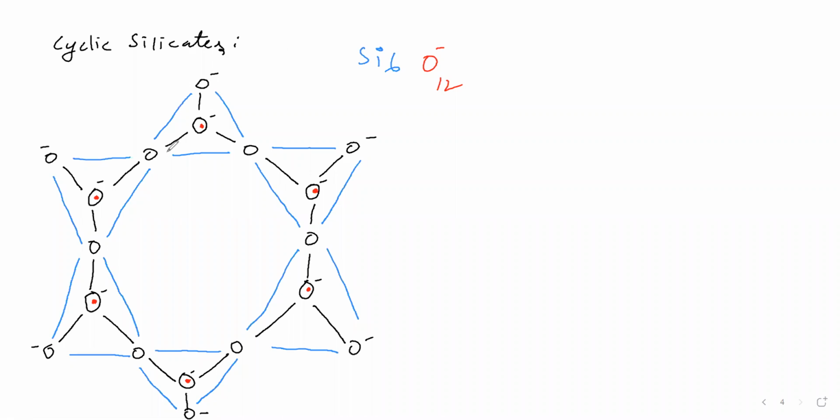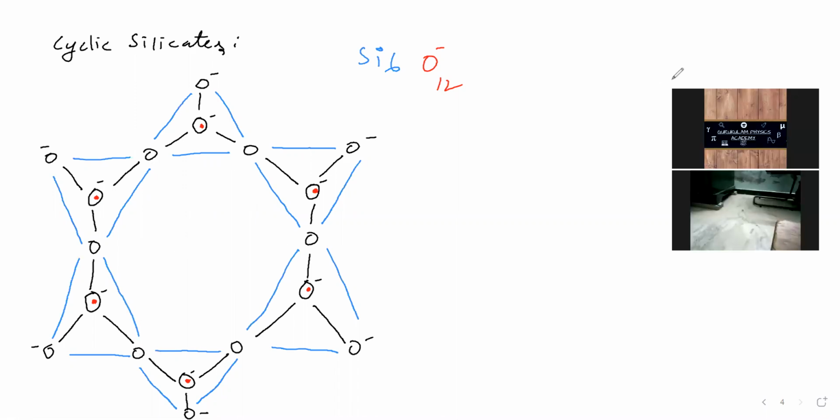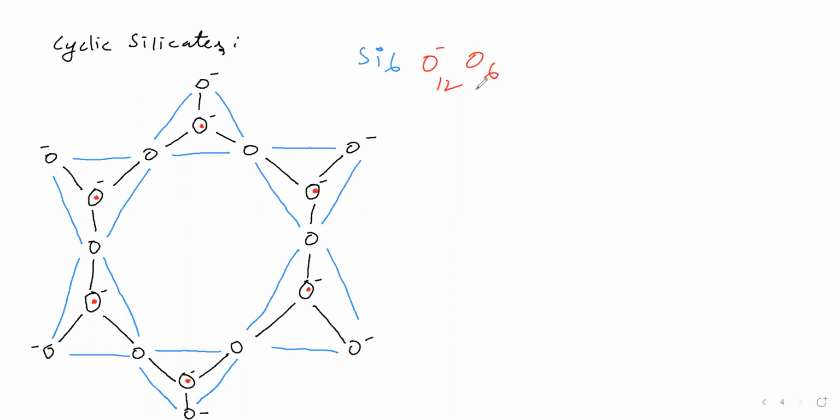And then the fully shared ones we will see: 1, 2, 3, 4, 5, 6. These 6 oxygens have no negative charge. Therefore, totally 18. Therefore, we can say Si6O18, with 12 minus charge. Si6O18 12 minus is one cyclic silicate.